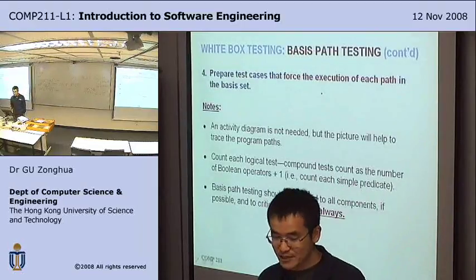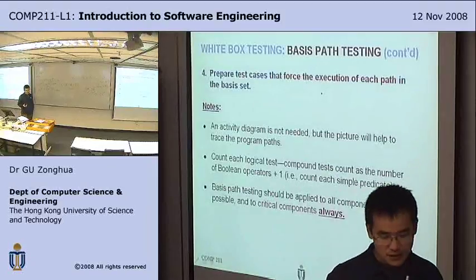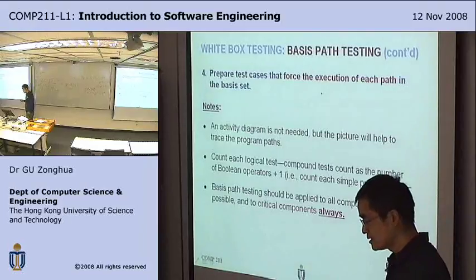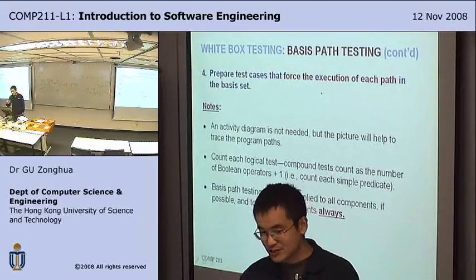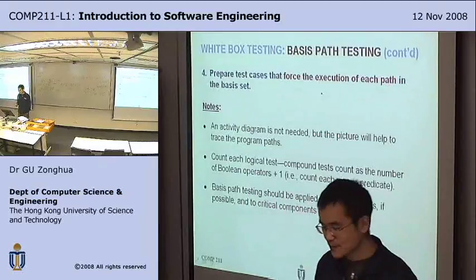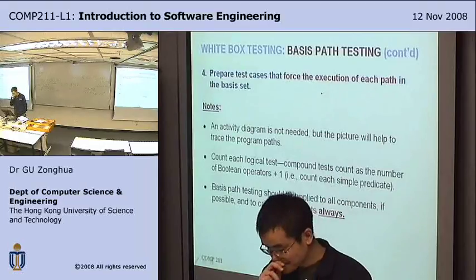That may not be easy, because the conditions may not be the direct inputs. You need to tweak the inputs, and perhaps after going through many statements, you reach a conditional node and somehow force that node to go left or right.